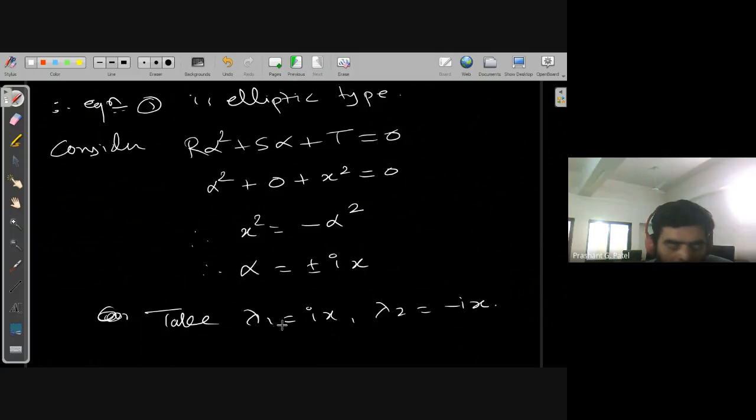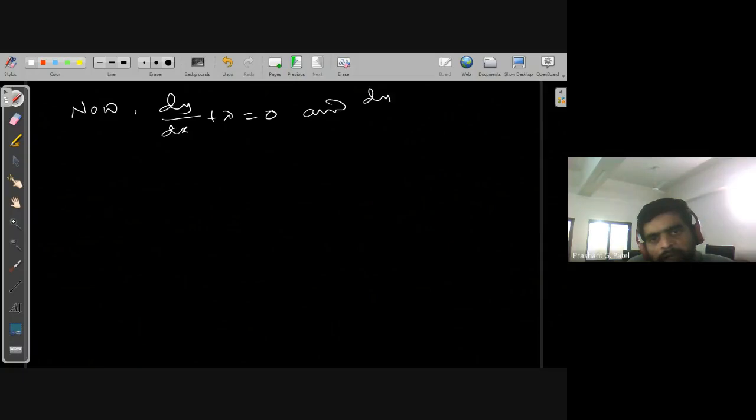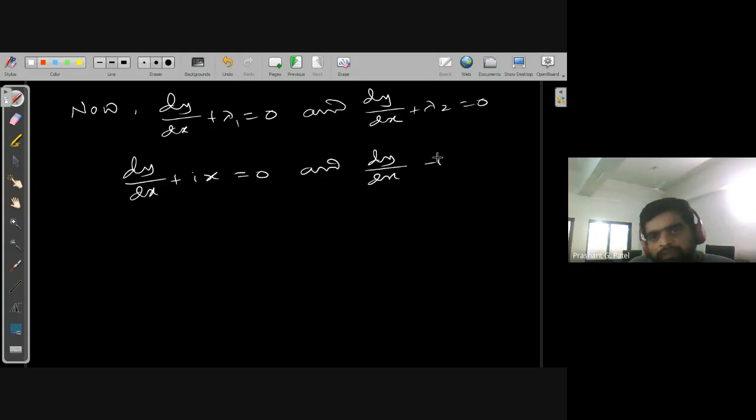Now we need to write the ordinary differential equations. Now dy by dx plus lambda 1 equal to 0 and dy by dx plus lambda 2 equal to 0. The value of lambda 1 is ix and lambda 2 we have considered as minus ix.